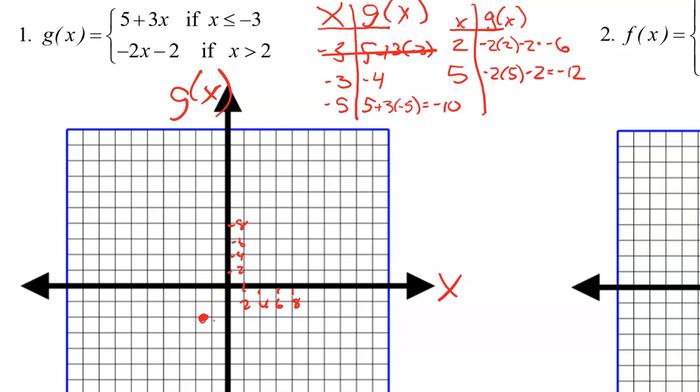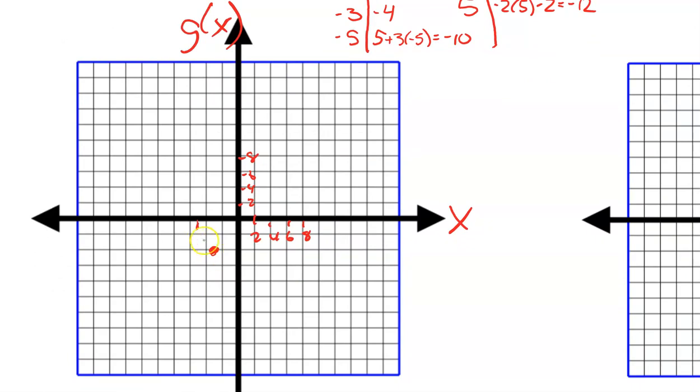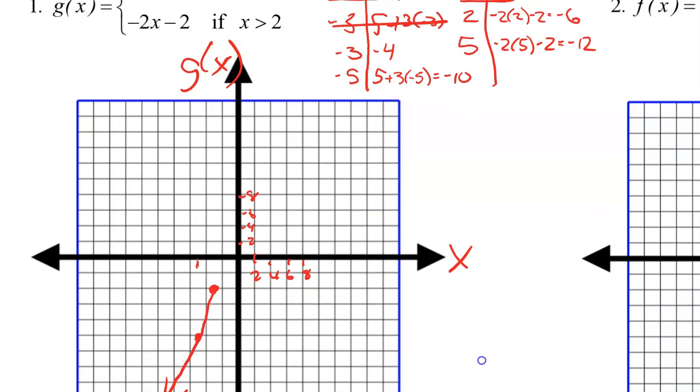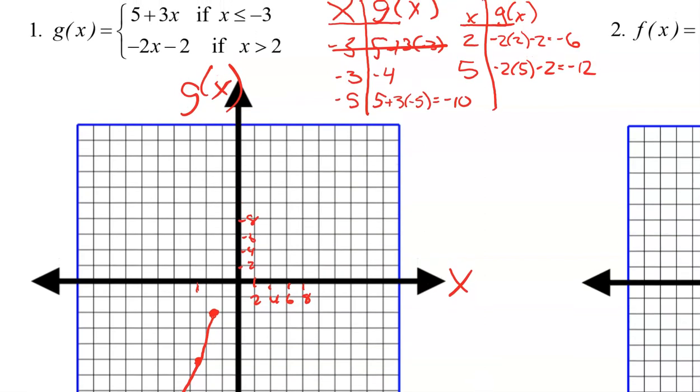When x equals -5, between -4 and -6 is -5, and y will be -10. There is no definition or no output for the function between -3 and +2. So we're going to go ahead and leave a gap in the graph.